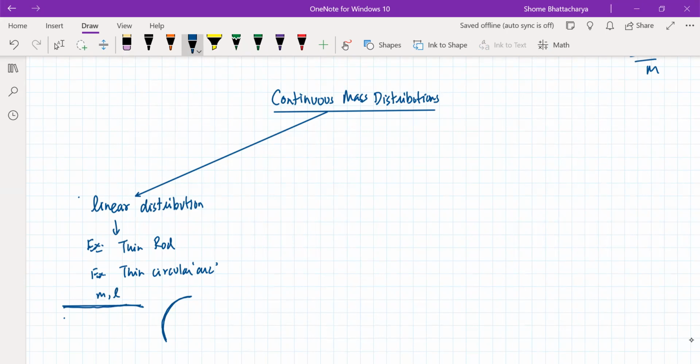This has a certain arc length S, and mass is m like that. So these are what we call linear distributions.